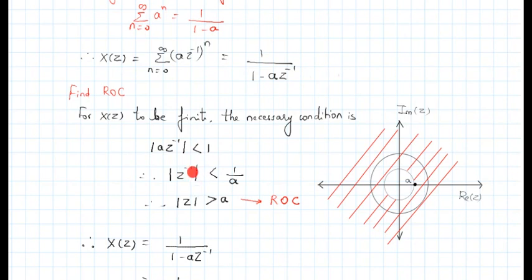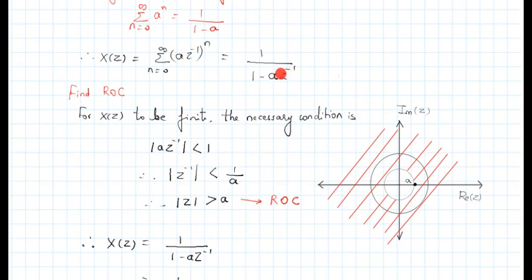If I solve this further, mod of z raised to minus 1 is 1 by a, and therefore, evaluating this equation in terms of z, I would get mod of z is greater than a. So we have put a condition that this particular term never reaches a value of 1.